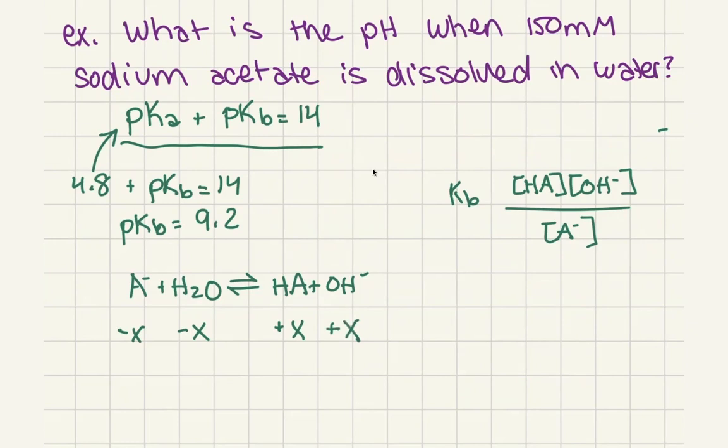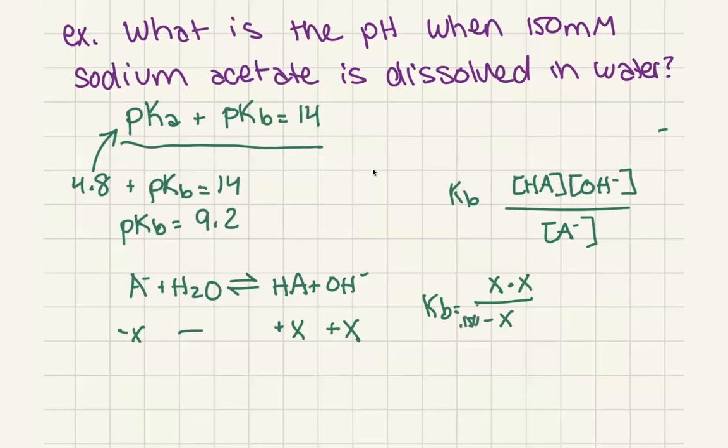But we're not going to consider the water, remember? We're just going to ignore that water. If we wrote our Kb equation, we would have x times x over 0.150 minus x.